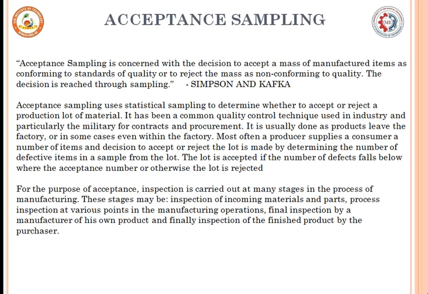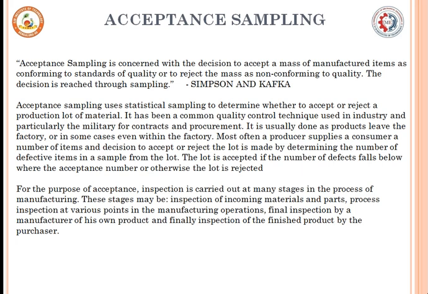So what is acceptance sampling? Acceptance sampling is concerned with the decision to accept a mass of manufactured items as conforming to standards of quality or to reject the mass as non-conforming to quality. The decision is reached through sampling. Acceptance sampling uses statistical sampling to determine whether to accept or reject the production lot of material.